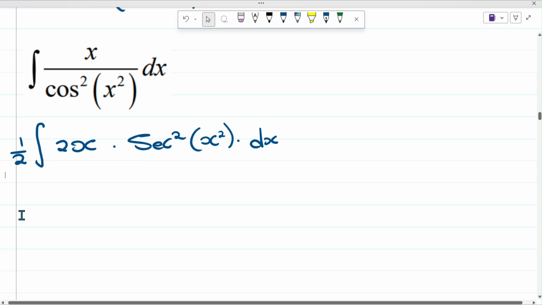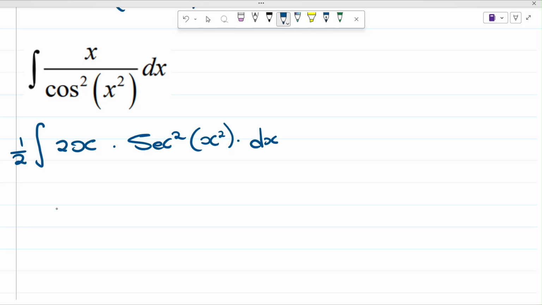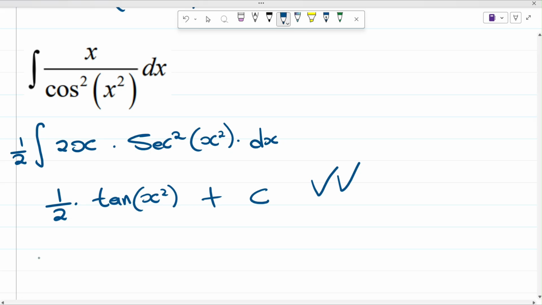So you take this 1 over 2 to your answer because it's part of the thing. So this is going to be 1 over 2, tan of that argument, which was x squared in this case, then plus c. Ta-da! You have your answer there. So that's just it. Simple, right? Simple as A, B, C, D.